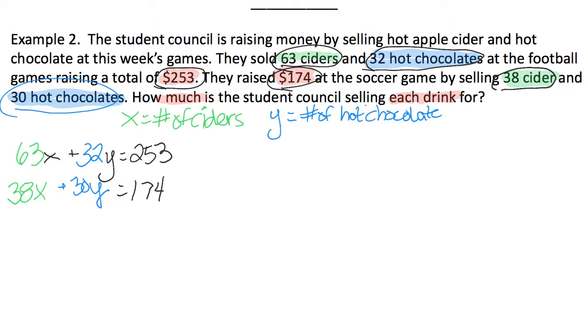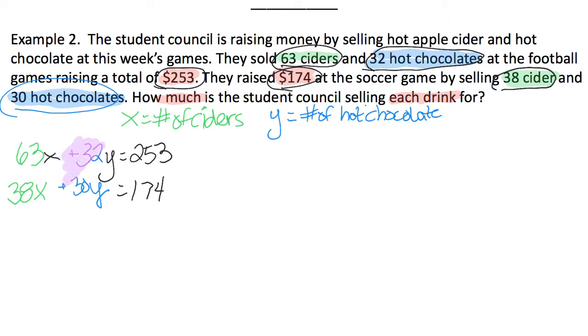Okay, so now we're going to solve by elimination, and you have to think outside of the box here on what we're going to multiply these numbers by. I think it's easier to get the 32 and 30 to the same number.